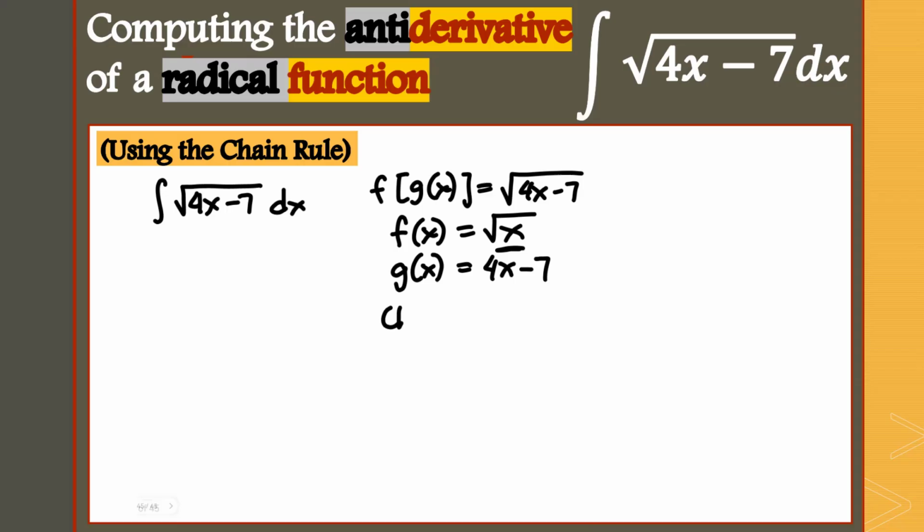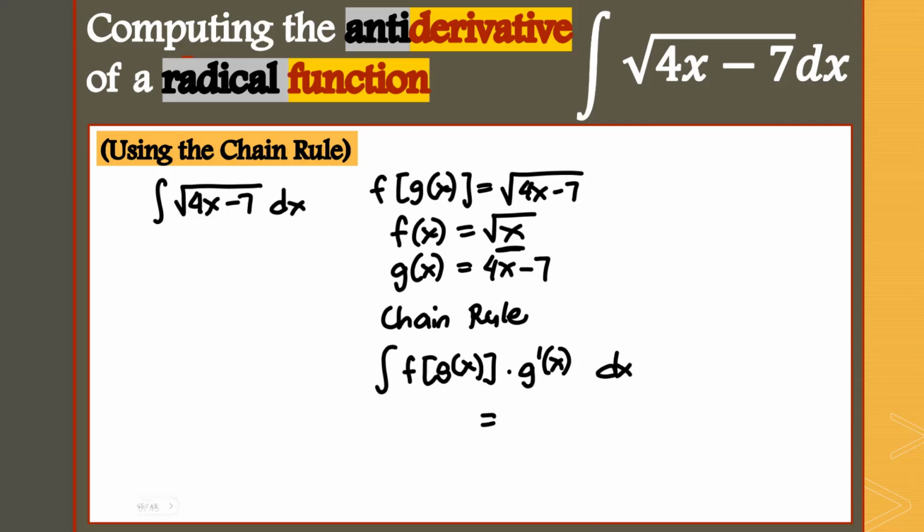The chain rule allows us to integrate or find the antiderivative of any composite function expressed as f of g of x dx, but we need to include a factor of g prime of x before we can integrate the outer function f to get its antiderivative, capital F of g of x, plus c.